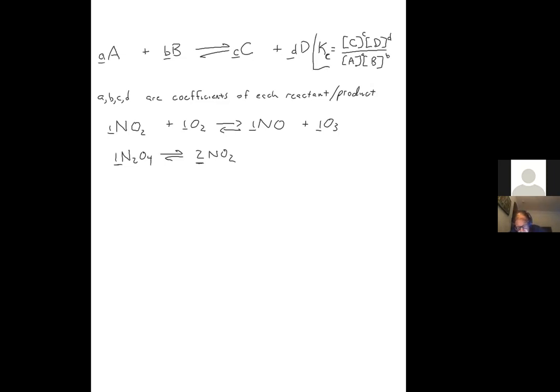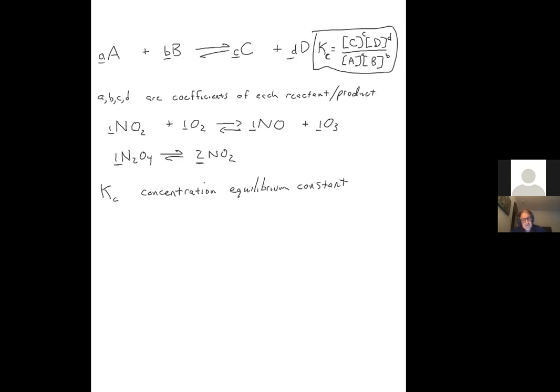I'm going to define what this Kc is. Kc, we're going to call it the concentration equilibrium constant. Okay, the concentration, that's where the C comes from, concentration equilibrium constant. K for constant.